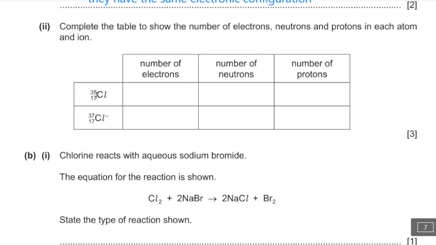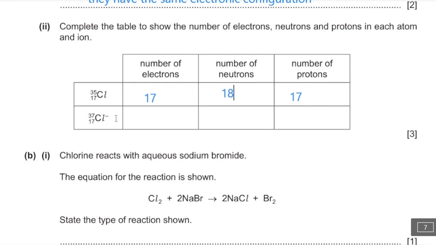So here we have chlorine with proton number 17, and since this is a neutral atom, that means the number of electrons and protons is going to be equal. So here we have 17 protons and electrons. Now you subtract 17 from 35, the mass number, to calculate the number of neutrons, and so that is going to be 18.